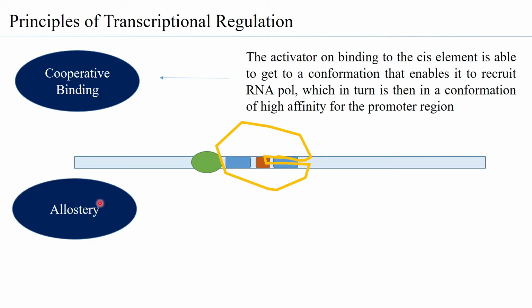Or you have another concept which is called allostery. This is also something that most would be familiar with, especially with respect to enzyme activity, where many enzymes have an active site, but other than the active site, it also has another site to which an inhibitor or again an activator come and bind.